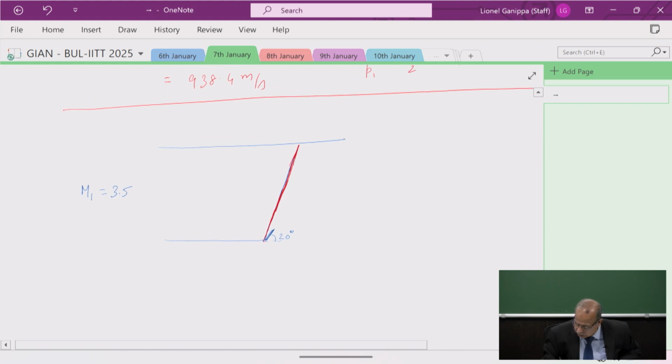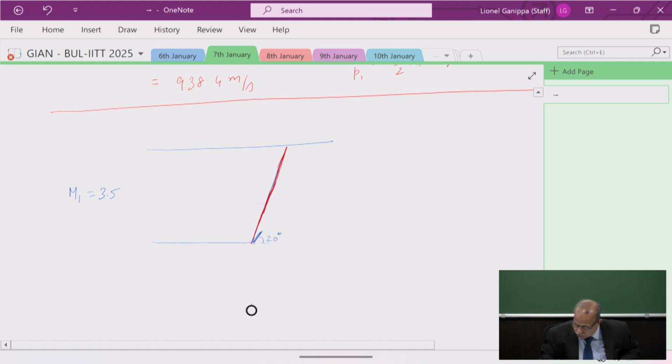The flow that comes in here will turn exactly by the same angle of 20 degrees. So here it is M1, here it is M2.